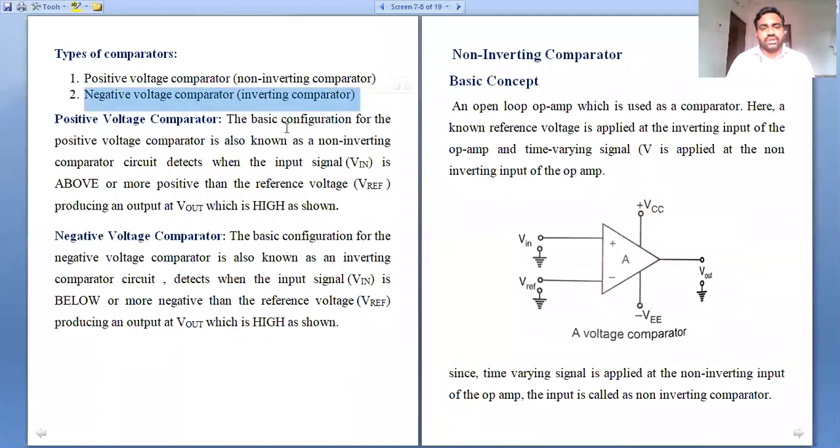Okay, the positive voltage comparator: this is the basic configuration where the input terminal is nothing but the non-inverting terminal. See in this particular figure, the input terminal is the non-inverting terminal, and the second terminal is the reference terminal.